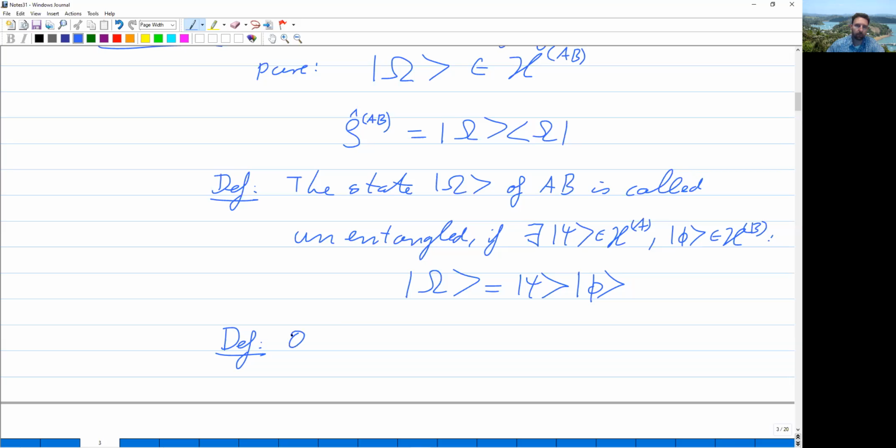So otherwise, omega is a sum. So we have to write omega equal to the sum over i, and then we have multiple states.